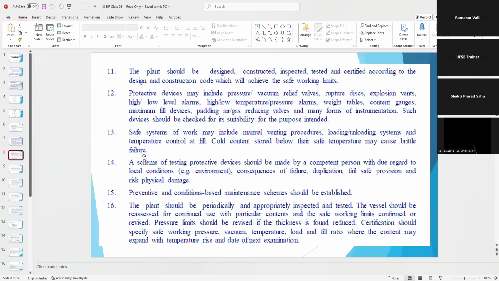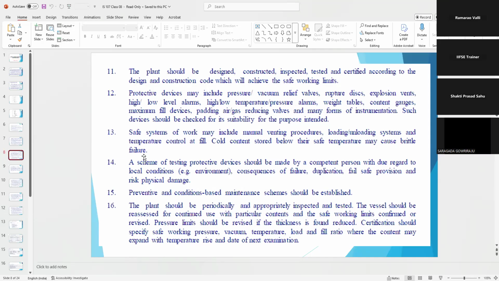This is also very important. All these things are also covered in your design itself. You have to check whether they are sufficient, and whether they are working properly or not.